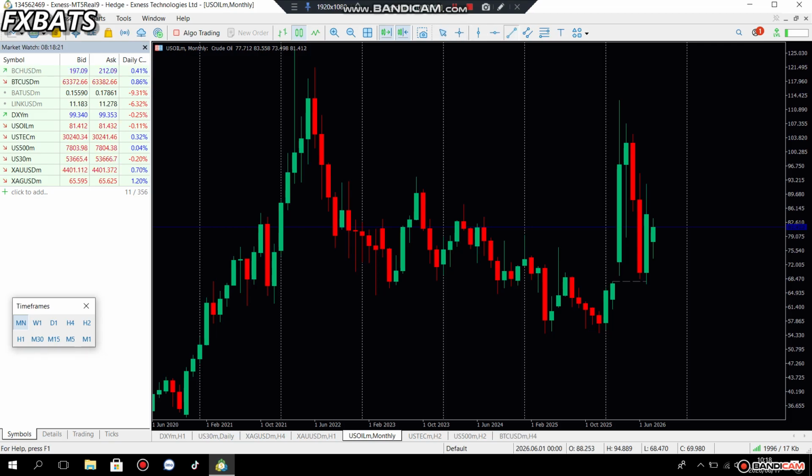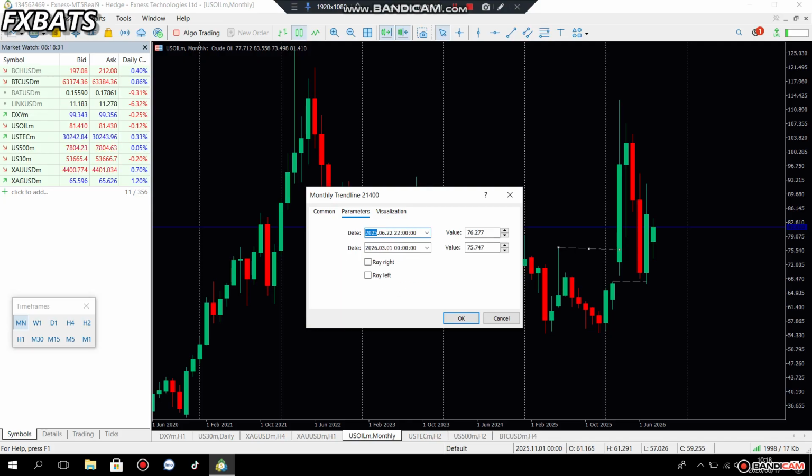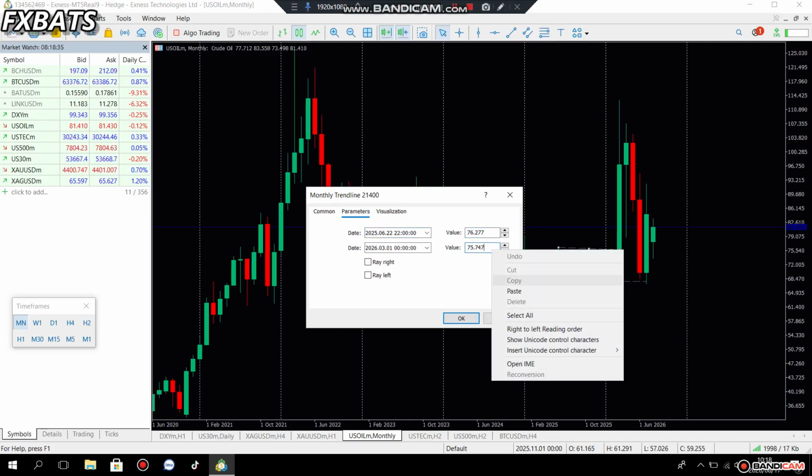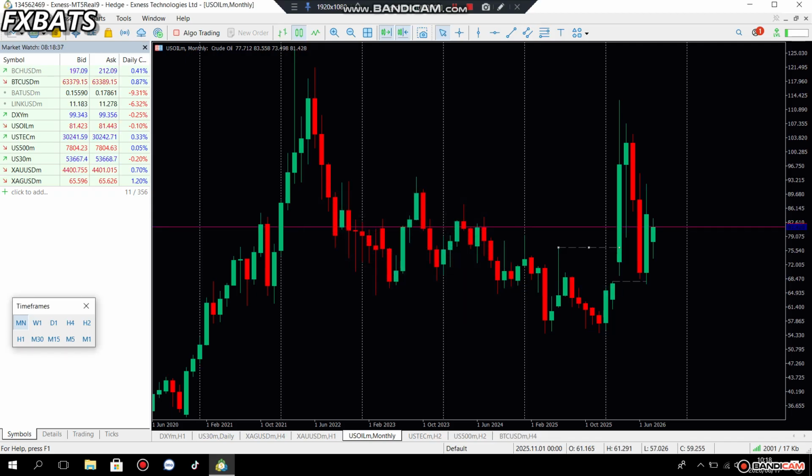It respected a PDR, which was our discounted PDR, which was our order block. As we could see, the order flow of US oil on monthly is literally bullish. Why is it bullish? Because what we have currently is the bullish order flow on monthly.